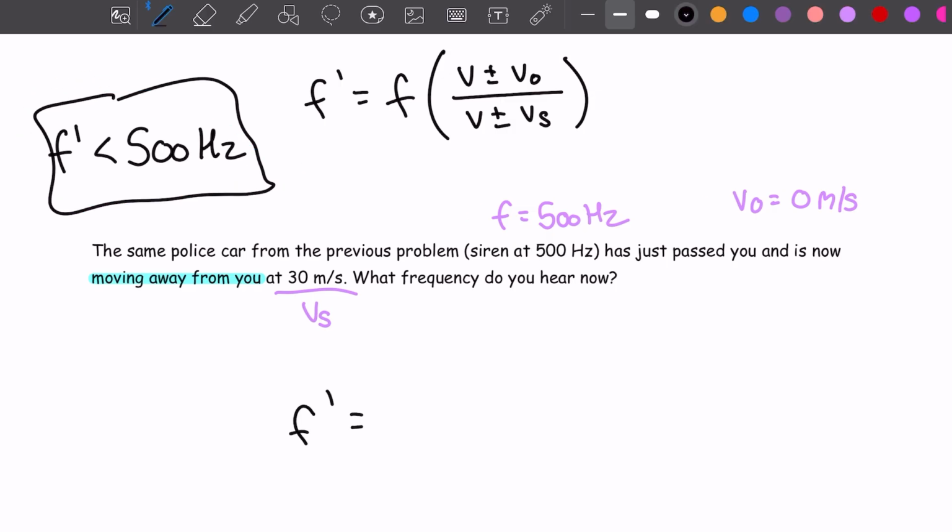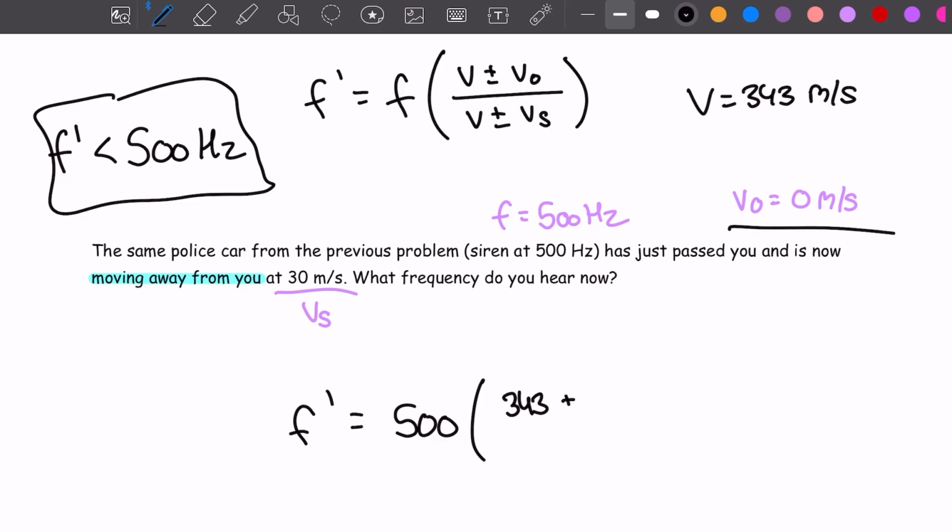Alright. F prime equals 500 Hz. Again, V is going to equal 343 meters per second. Plus minus, we're stationary, so it's going to be plus 0 over 343. And we'll get to the sign in a second. V sub S, which is 30. Now, it's moving away from us, so the observed frequency has to be lower than the actual frequency.